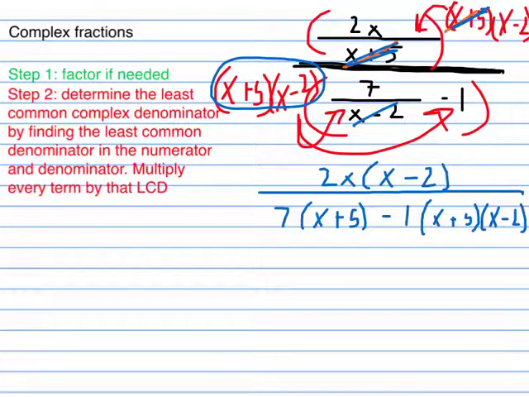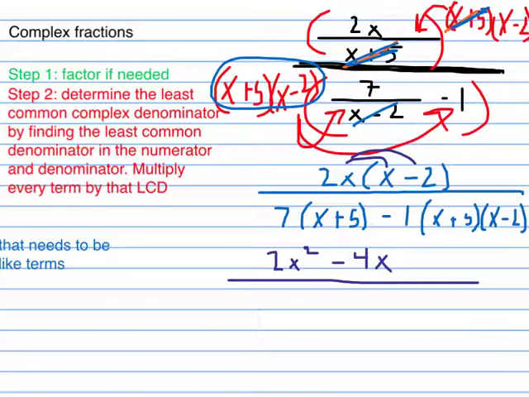Alright, we just need to make sure that we do step 3 then. We need to distribute anything that needs to be distributed. This is kind of the annoying step. When you already have the fractions eliminated, now we're going to distribute anything through, so we end up with 2x squared minus 4x.